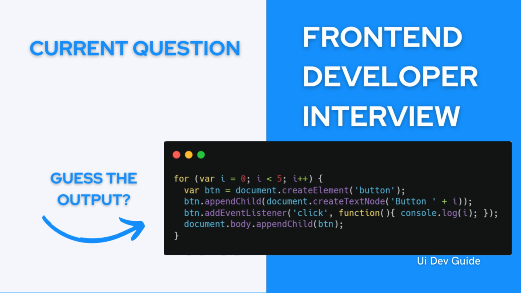Creating the node and attaching it, we are not maintaining I with the button. I just added the event listener on click, which should return console log I. The node will create button and I, button space 0 1 2 3.